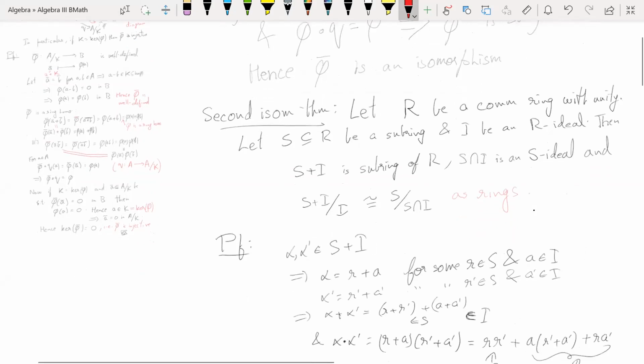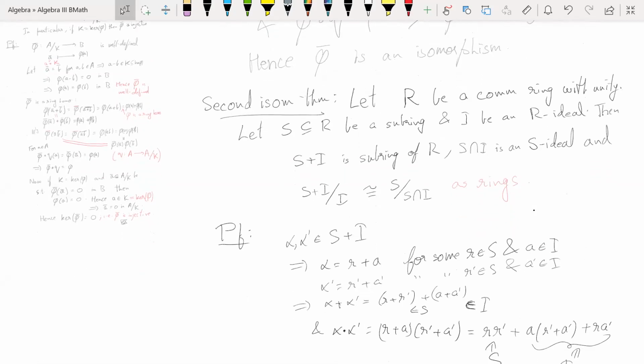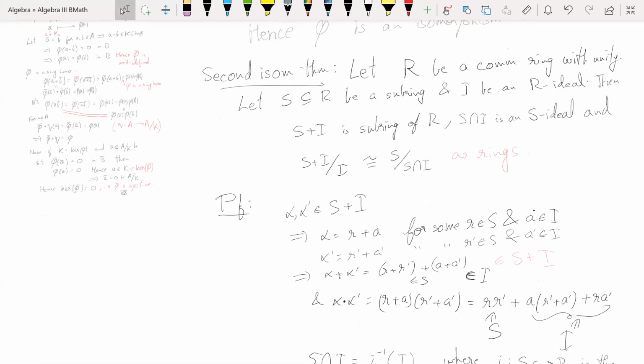So we have to show that their sum and the product lie in S plus I. Their sum is r plus r prime plus a plus a prime. The first term lies in S and the second one in I, so this belongs to S plus I. So for the sum there is nothing to do, and even in the product you just have to arrange. If you take the product, then r times r prime lies in S because S is a subring.